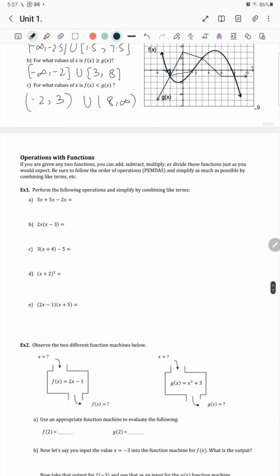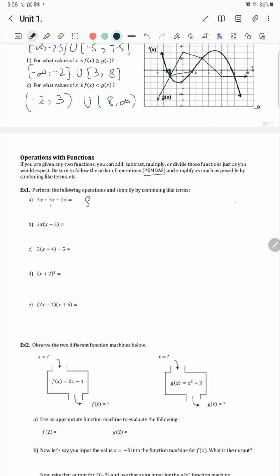Operations with functions. If you are given any two functions, you can add, subtract, multiply, or divide those functions just as you would expect. Be sure to follow the order of operations, PEMDAS, and simplify as much as possible by combining like terms.